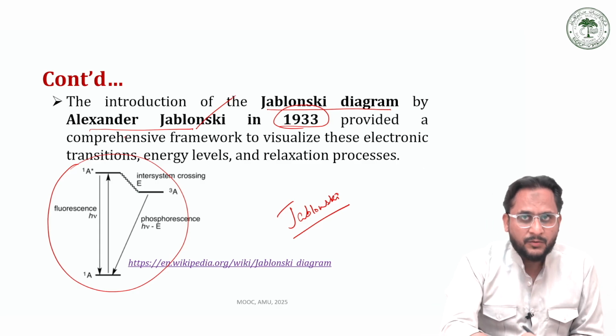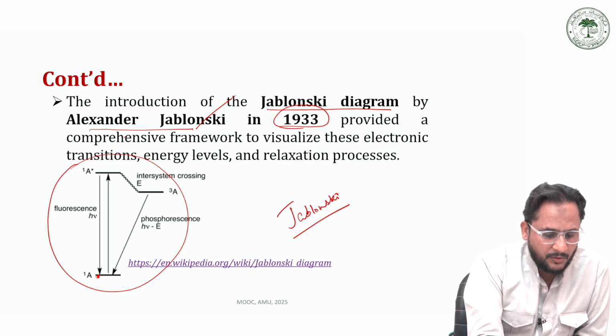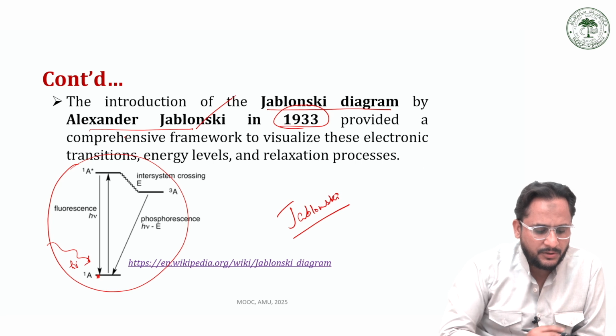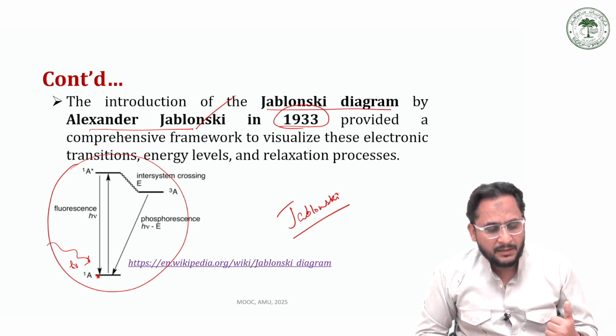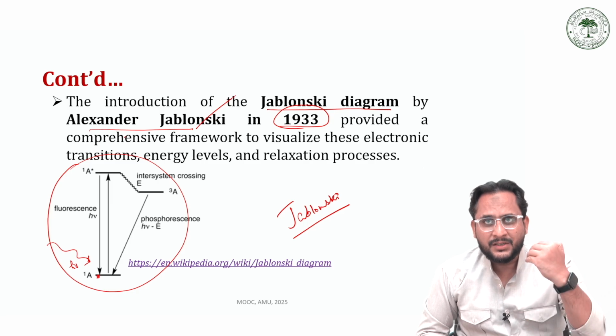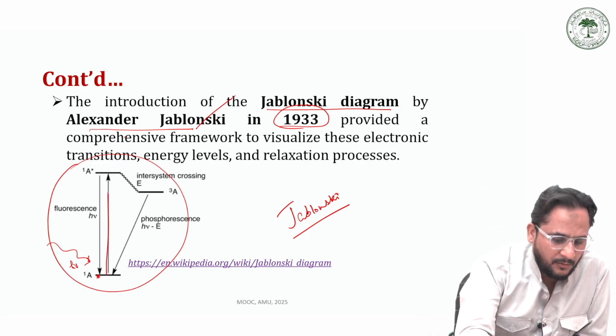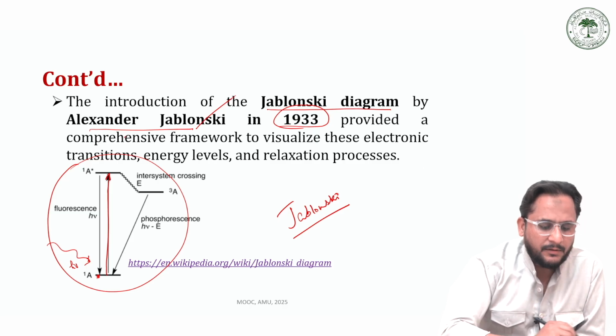In this figure you can see that we have a molecule in the ground state, and this molecule receives light radiation, a light photon h nu. Once this light radiation is absorbed by the molecule, it causes excitation of its electron. The electrons are promoted from the ground level to the excited level.